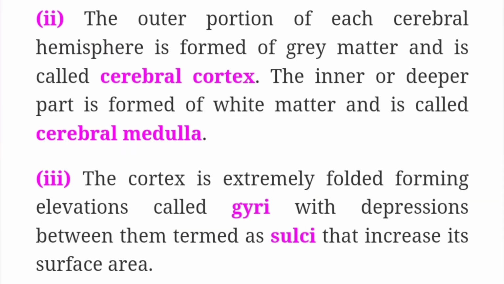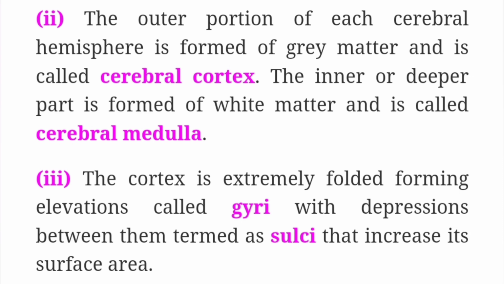Second point, the outer portion of each cerebral hemisphere is formed of gray matter and is called cerebral cortex. The inner or deeper part is formed of white matter and is called cerebral medulla.